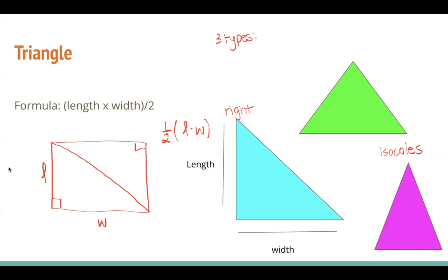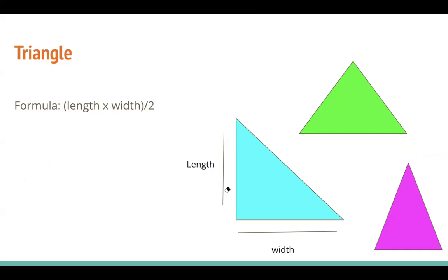I'm just gonna clear everything, then I'll write it again. We'll just review it, I guess. So we have a right triangle, equilateral triangle, and an isosceles triangle.